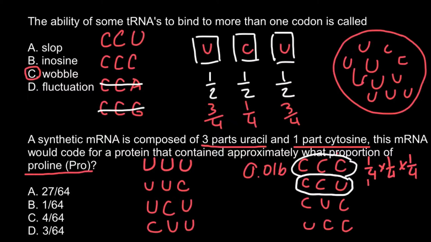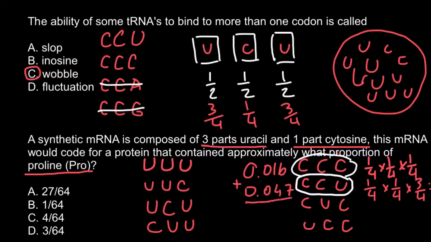This is going to be 1/4 for the first position to be cytosine, and 1/4 for the second position to be cytosine, and 3/4 for the third position to be uracil. And the probability here would be 0.047.